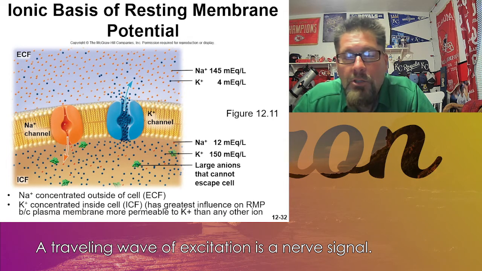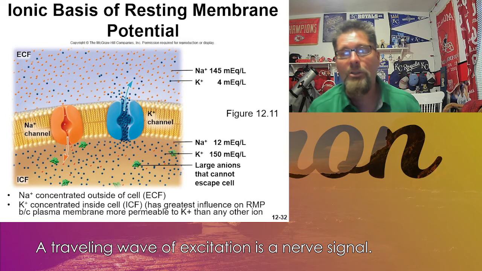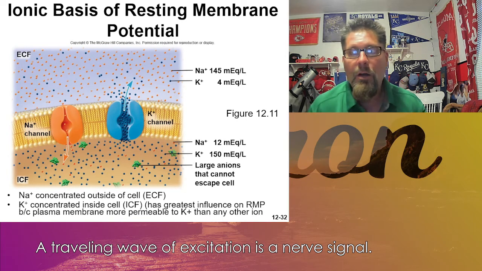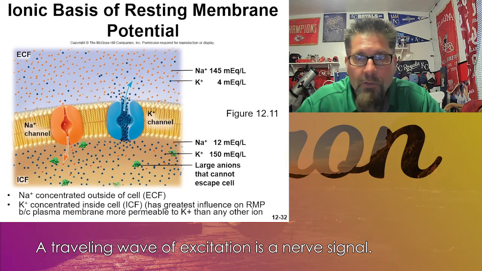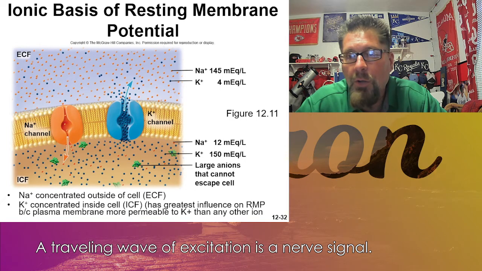And when the sodium channel opens up, sodium elements come pouring in, and they are positively charged, which is going to increase the charge level inside of the cell. And then once it reaches that +35 level, the potassium channel opens up, and potassium, which is also positive, begins to leave, which lowers it back down to that -70.